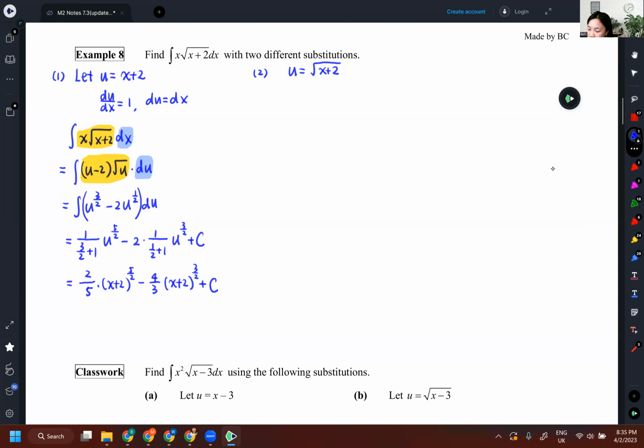If I do du dx right now, that will have 1 over 2 this, and that's not very good because I don't know how to replace it. You know what I mean?